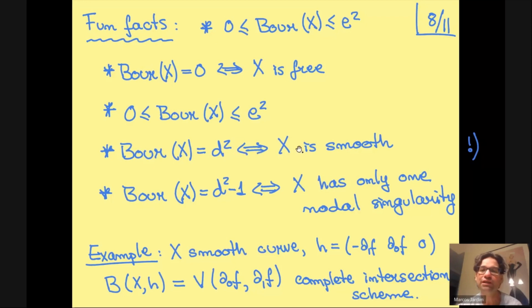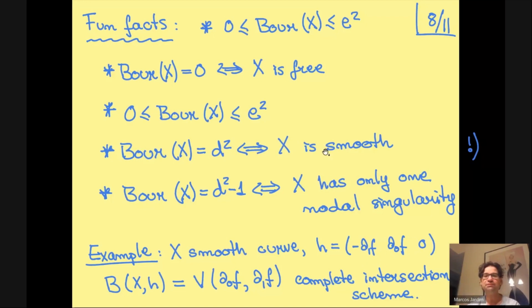Because when the curve is smooth, the module of derivations will be generated by the 3 Koszul derivations.